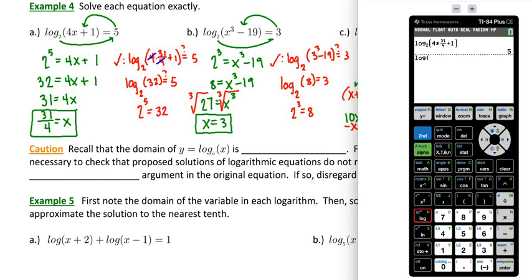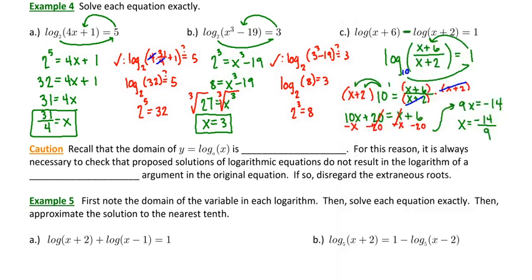So our solution was negative 14 over 9. You can type it in as a fraction or just do negative 14 divided by 9 plus 6, minus log of negative 14 over 9 plus 2. And I'm looking for an answer of 1, and we got a 1. So our answer is correct.